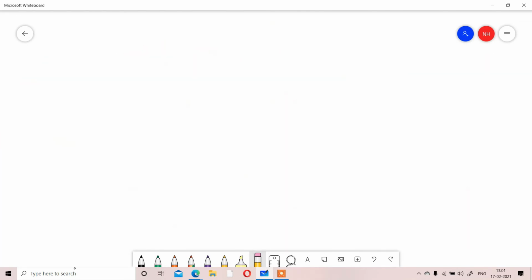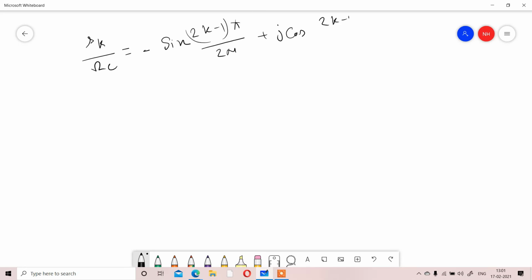We are considering sk by omega c as minus sine of (2k minus 1) pi by 2n, plus j cos of (2k minus 1) pi by 2n, for k equal to 0 to n minus 1.